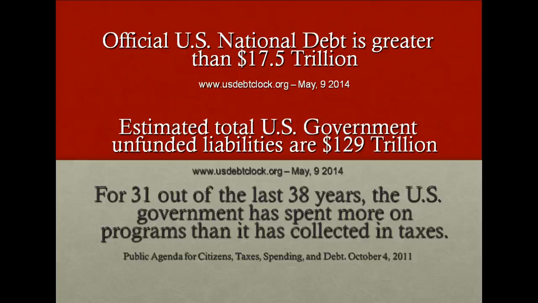As you can see on the screen, our current national debt is estimated to be greater than $17.5 trillion. And our estimated total U.S. government unfunded liabilities are estimated to be greater than $129 trillion. And for 31 out of the last 38 years, the U.S. government has spent more on programs than it has collected in taxes.